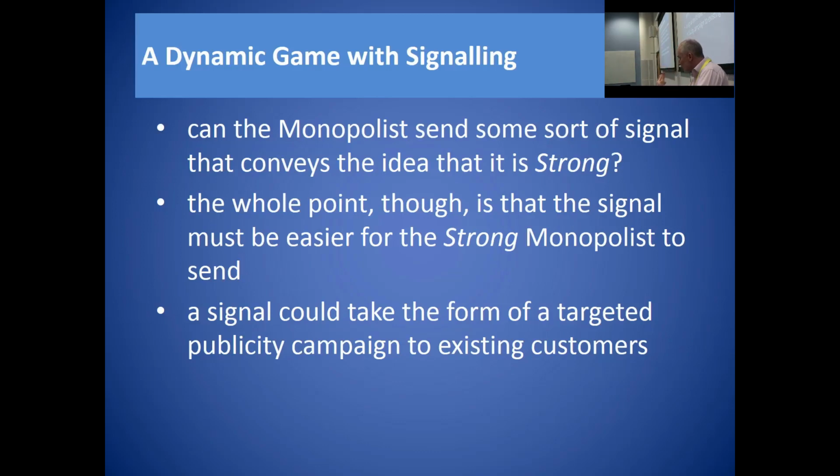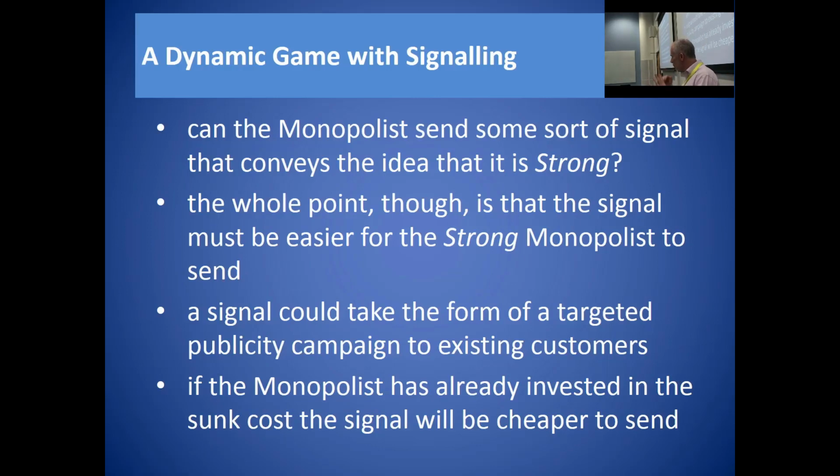The reason it can do that is because it's built up this base of customers. And so for the monopolist who's strong, who has invested in brand loyalty, who's invested in sunk costs, that is then cheaper to do. A targeted campaign that sends a signal is more expensive for the weak monopolist because they haven't built up the brand loyalty. So in that sense, the way that we've set this up makes perfect sense. It's cheaper for the strong monopolist to send the signal.